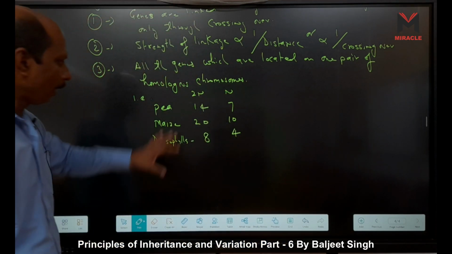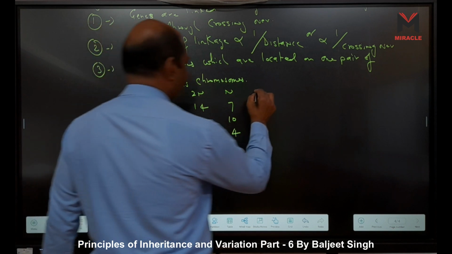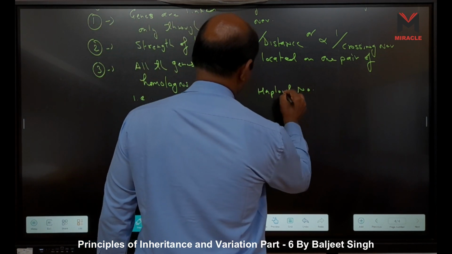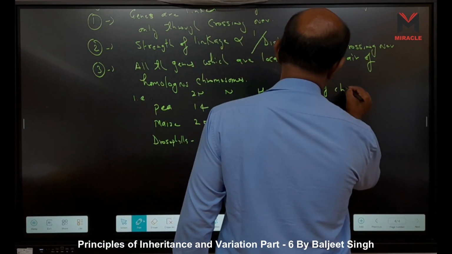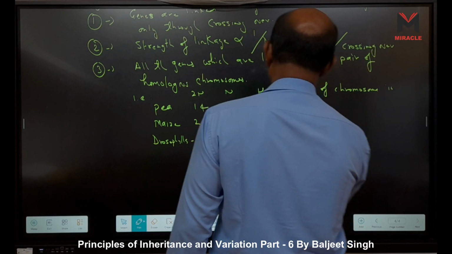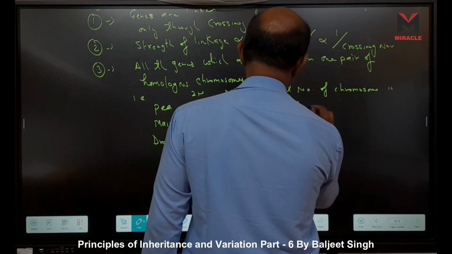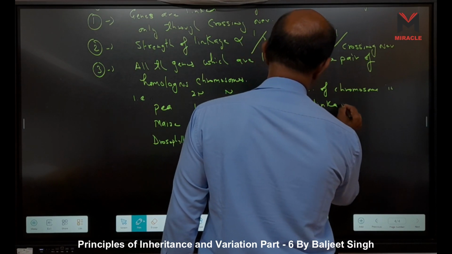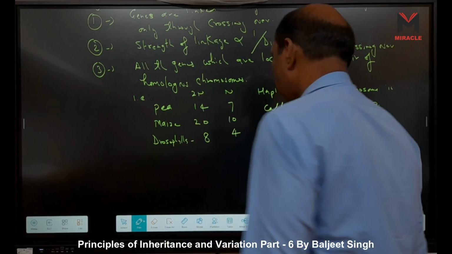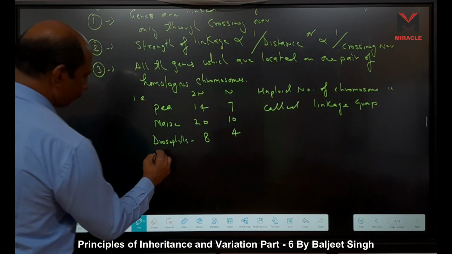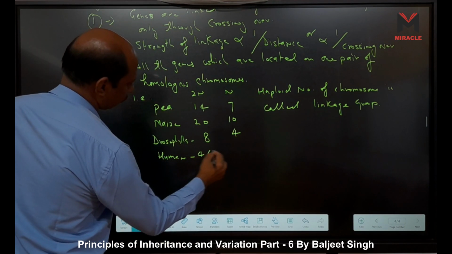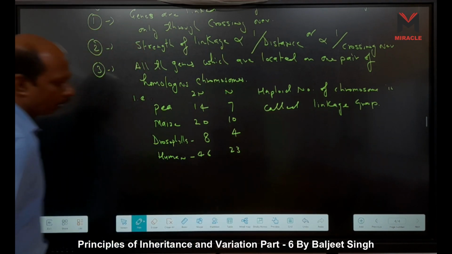So we can understand that the haploid number of chromosomes is called the linkage group. In humans, 46 chromosomes, the linkage group is 23.